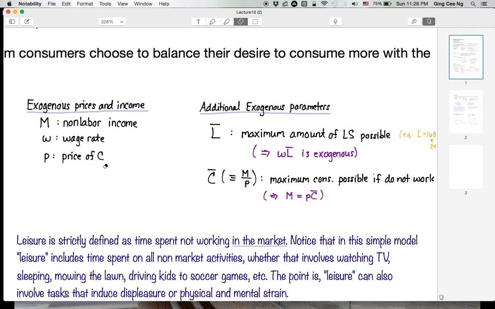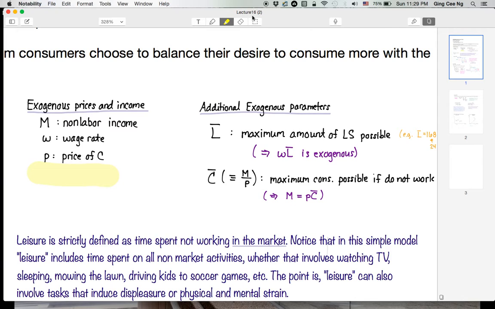Now, in this simple model where we just have two variables, leisure, R, and consumption, C, we're really considering consumption to be all types of consumption. So when you think about this price P of consumption, it's really the price level in the economy.